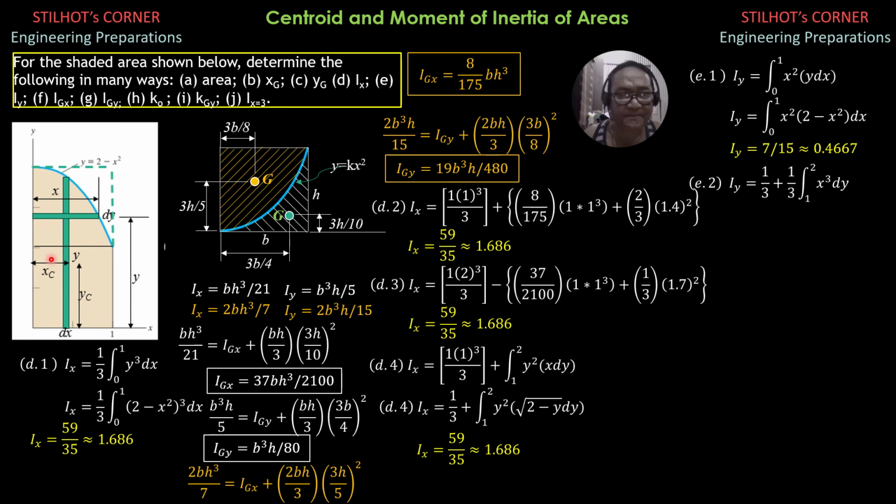Then by integrating, considering horizontal strip, remember 1/3 base is dy, then the height is x, perpendicular to the y-axis, then cube. 1/3 base height cube. So that's the interpretation. Where x is square root of 2 minus y. Then quantity cube, so 2 minus y raised to 3 halves. So IY is 1/3 plus 1/3 integral of quantity 2 minus y to the 3 halves dy.